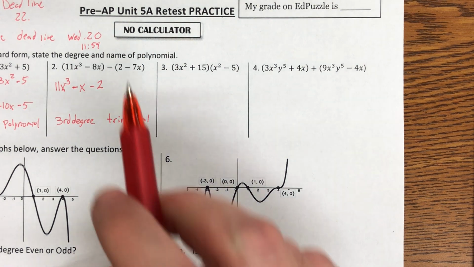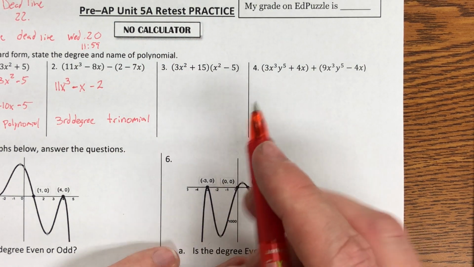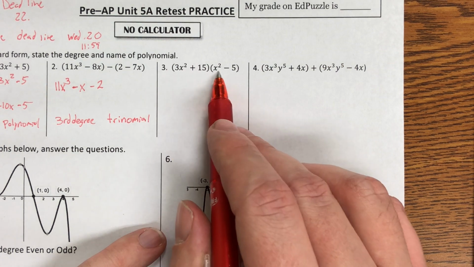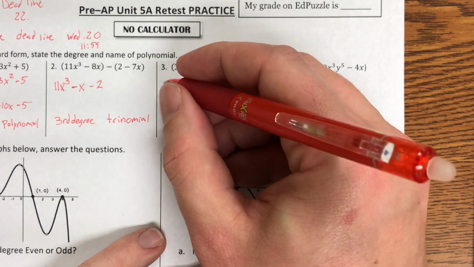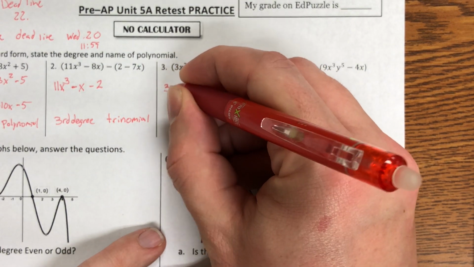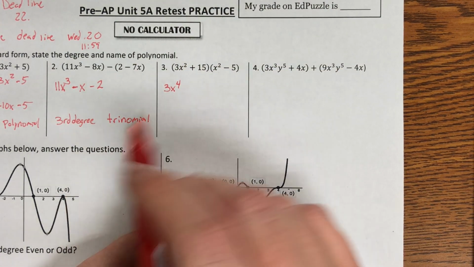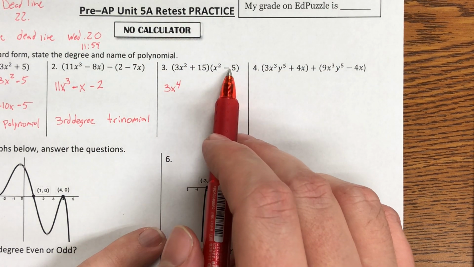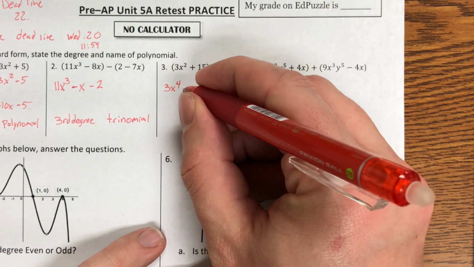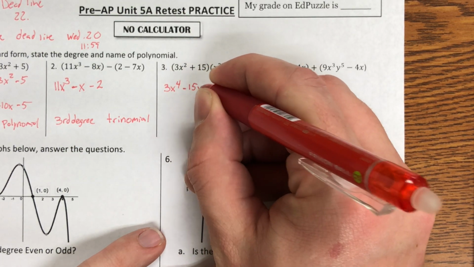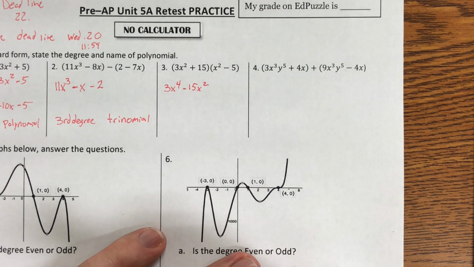Number 3, once again, I'm foiling this. So when I do these first ones, 3x squared times x squared is going to give me 3x to the power of 4. 3x squared times negative 5 gives me minus 15x squared.